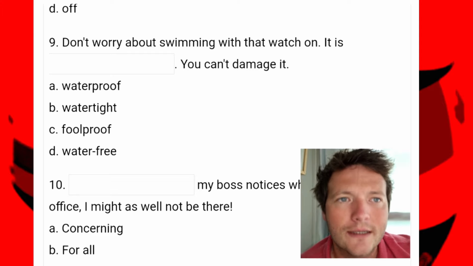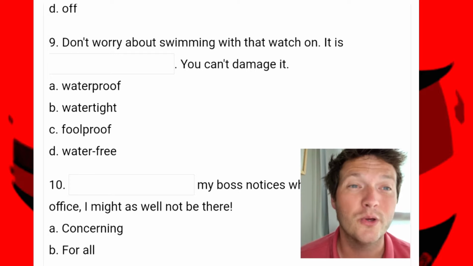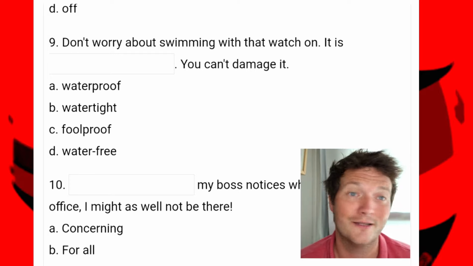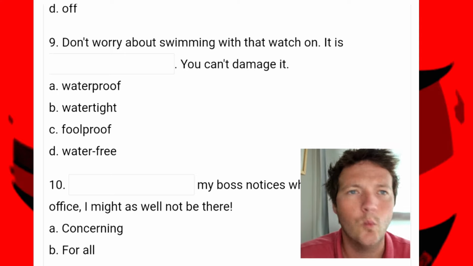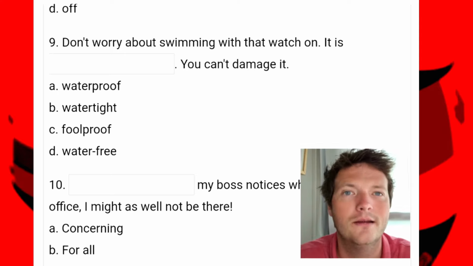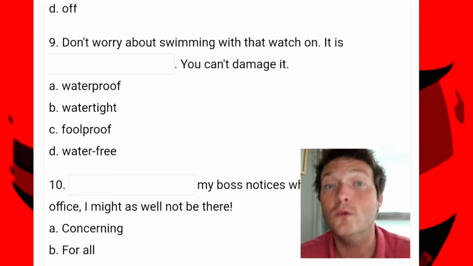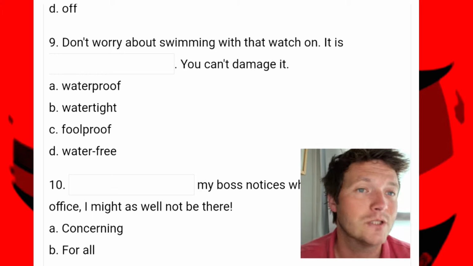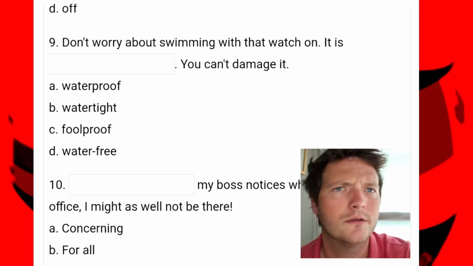Watertight means that something doesn't let water out, but we also use it in a figurative sense to say that it's not going to leak. There are no problems. It's a watertight plan. Foolproof means that even a fool could do it. It's such a perfect plan, so easy to understand. It's foolproof.